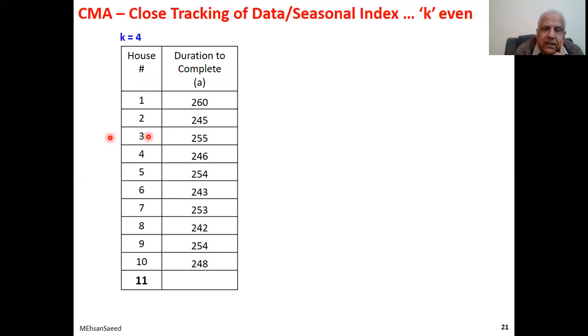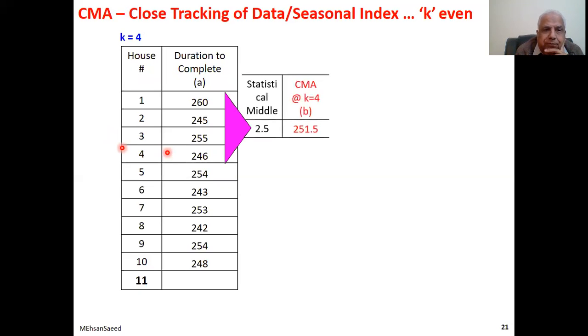No, because that is again not the statistical middle. What is the statistical middle? Well, for the time being, we assume we can break up houses into pieces. So house number 2.5, this line over here, which represents house number 2.5, is the statistical middle. And that is where we place the data, 2.5.